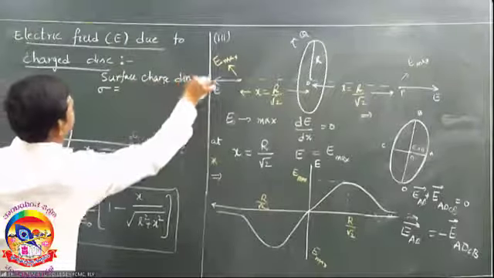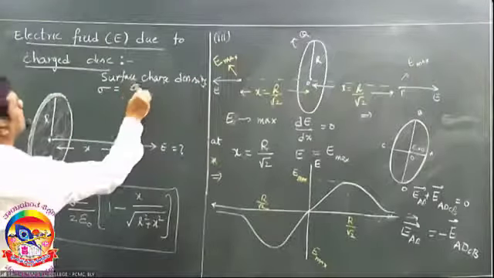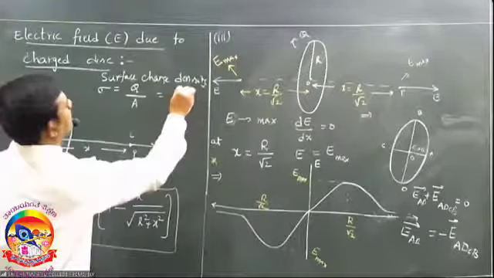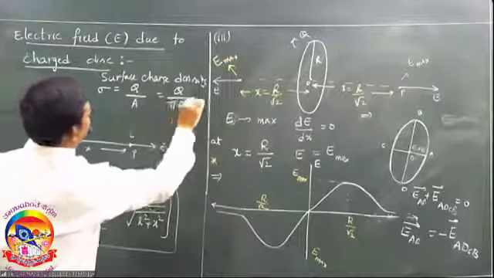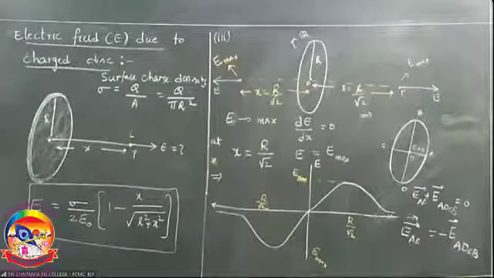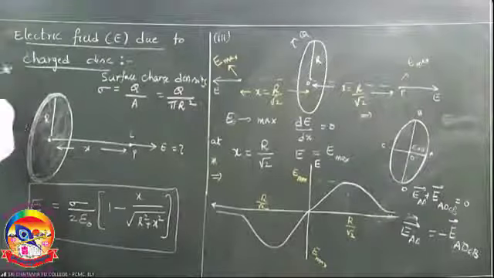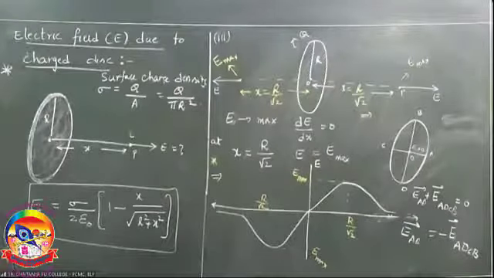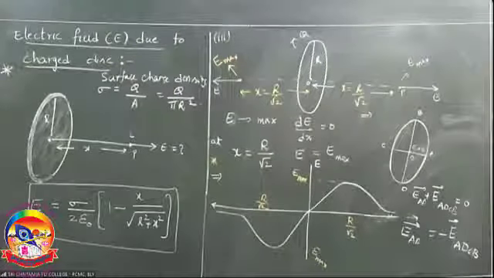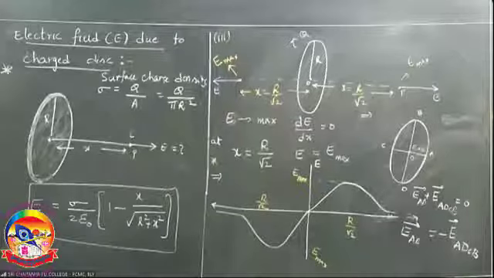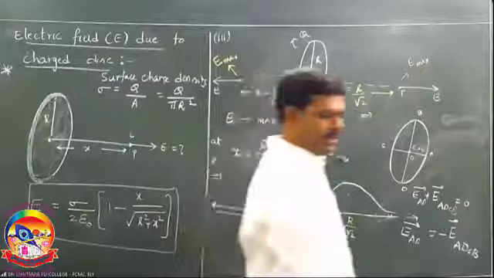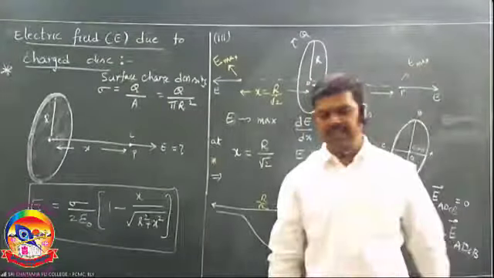They provide this value. It means total charge by area, Q by pi r square. Important formula. This is also purely entrance point. For JEE, these are important from the entrance point of view.